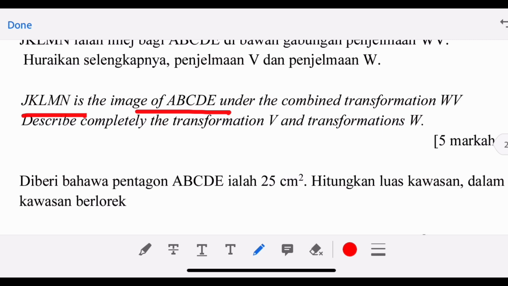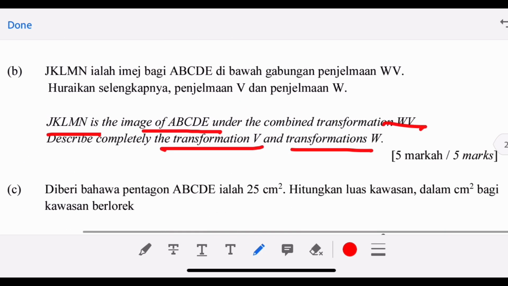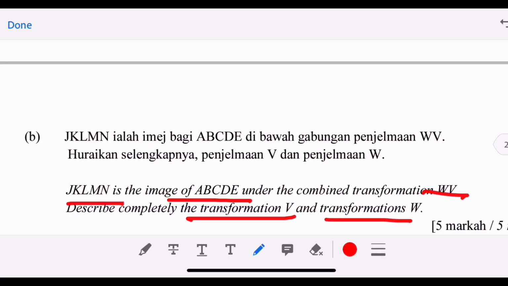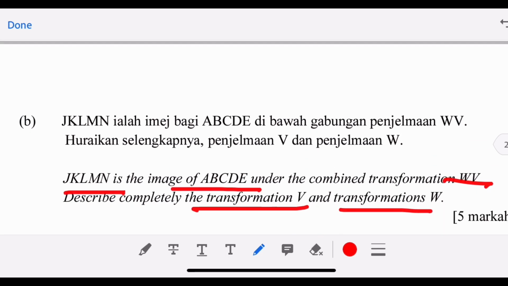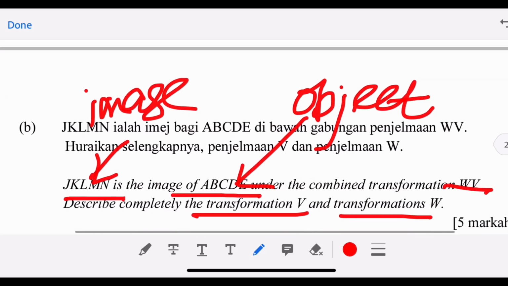Now, another part of the question is they will ask you about the object. Just now it was the points. For the object, you have to identify where is the object and where is the image. The object consists of many points, so it's actually the same. The image is JKLMN and the object is ABCDE.